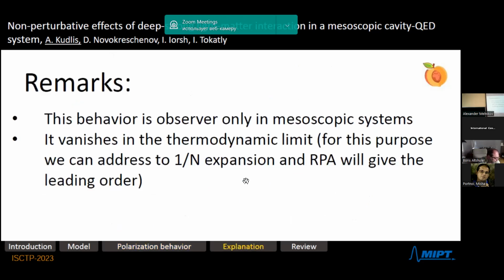So some remarks. This behavior can be observed only in a mesoscopic system. And this effect also vanishes when we take the thermodynamic limit.